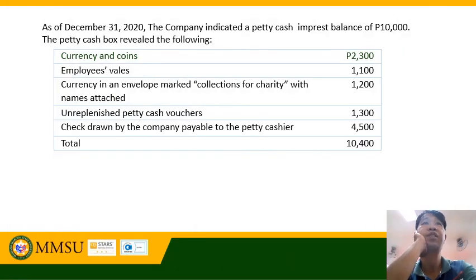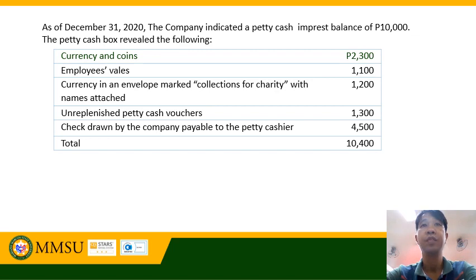Okay, so let's have here a problem on petty cash fund. As of December 31, 2020, the company indicated a petty cash imprest balance of 10,000. The petty cash box, however, revealed the following. So originally, the imprest balance is 10,000. You should identify which of the items that are present in the petty cash box should still be part of the petty cash.